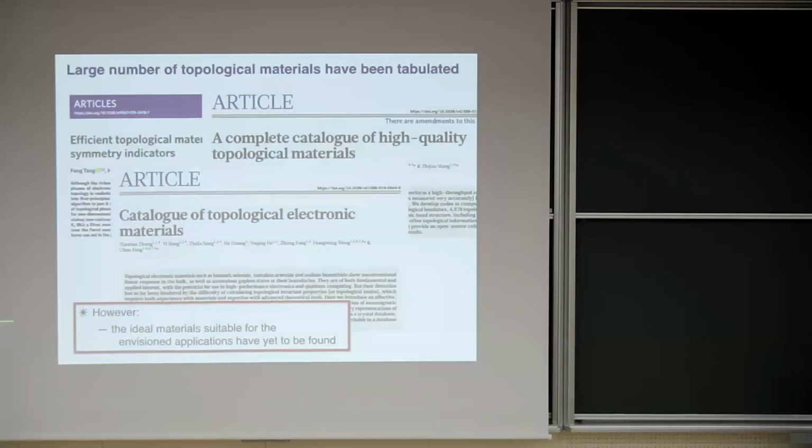Okay, so over the last few years, there have been a lot of studies to classify these types of materials using these topological concepts, and numerous articles have appeared where complete, or at least that's what they claim, complete catalogs of topological materials have been enumerated.